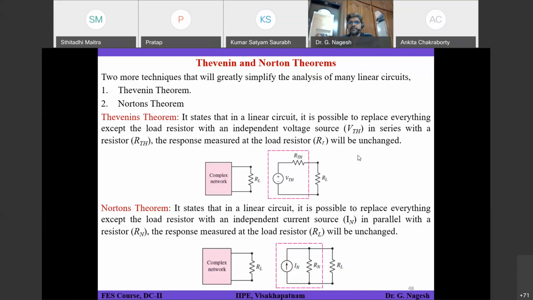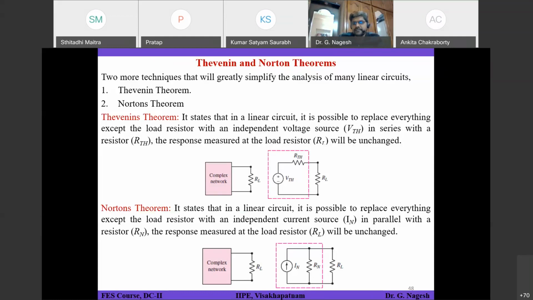That means excluding the load resistance, the remaining entire part of the circuit you can reduce into a simple circuit with a voltage source VTH, which is called the Thevenin equivalent voltage, represented with an independent voltage source. And RTH is called the Thevenin equivalent resistance.